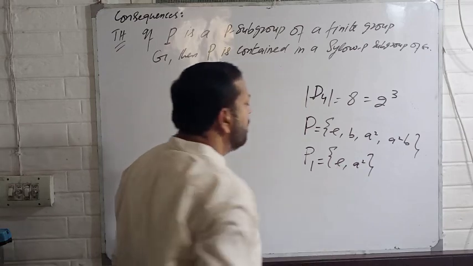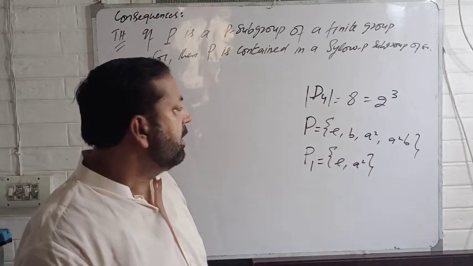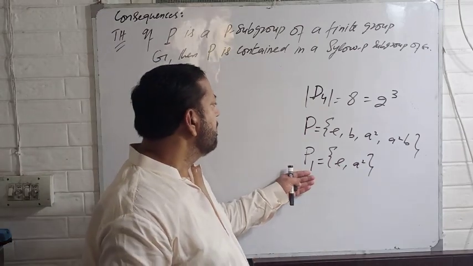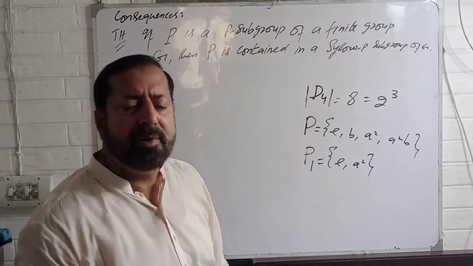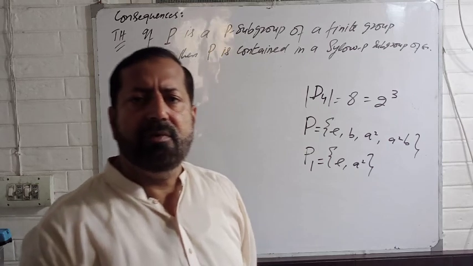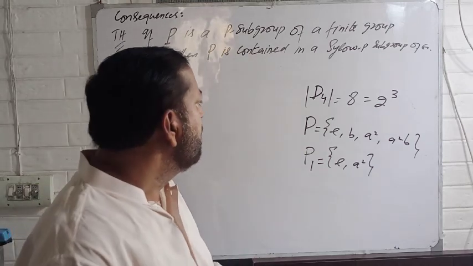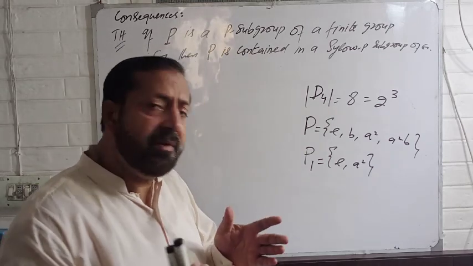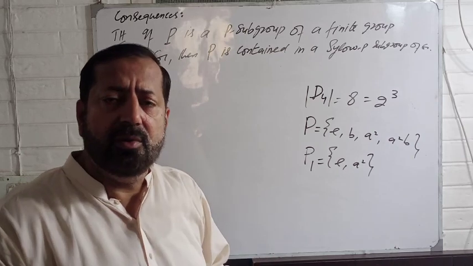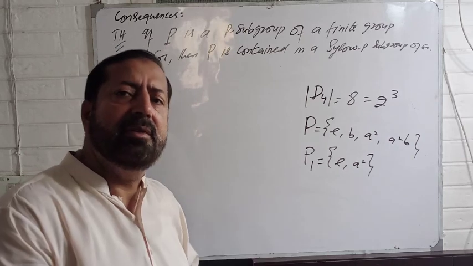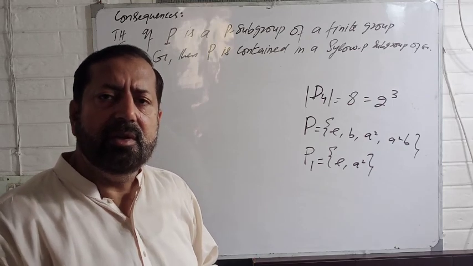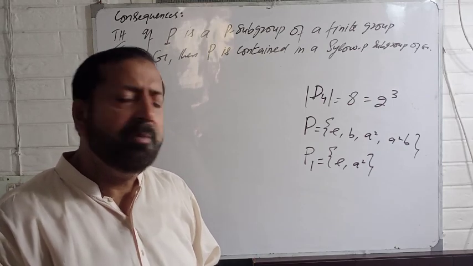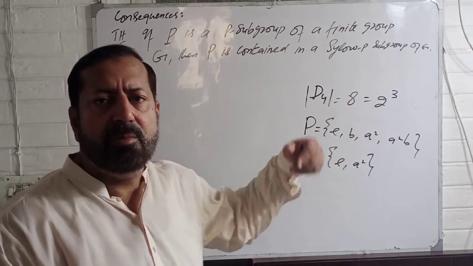This is also a subgroup, and P1 is also contained in D4. So both are contained in a Sylow-p subgroup. In fact, here D4 was a Sylow-p subgroup. But if you are finding a group for which D4 is a subgroup, then these two are subgroups of D4.